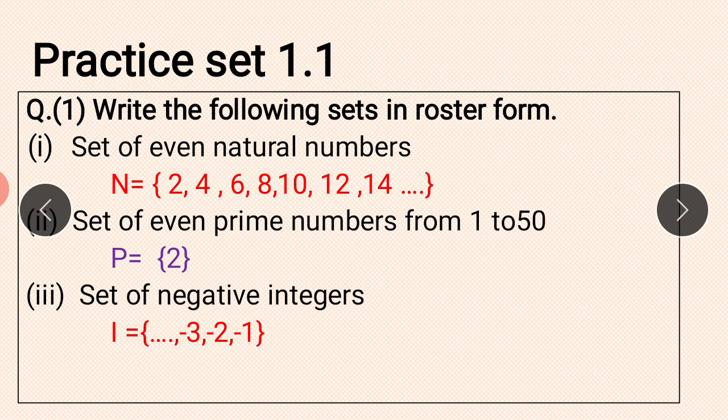Third example: set of negative integers. Integers are denoted by capital letter I. So I is equal to curly bracket infinity, then -3, -2, -1, curly bracket complete.